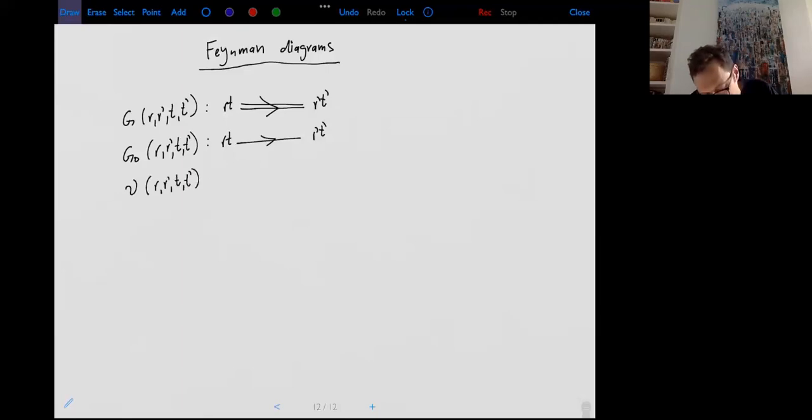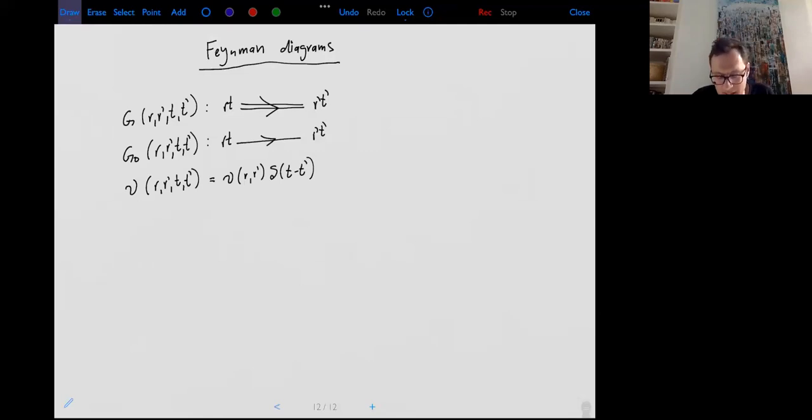Now, the Coulomb interaction, we think of as an instantaneous interaction, right? So there's no time dependence, and indeed here the time dependence is just a delta function.